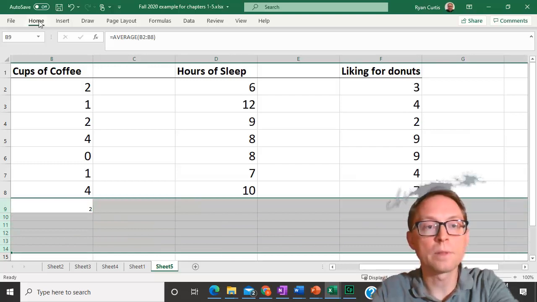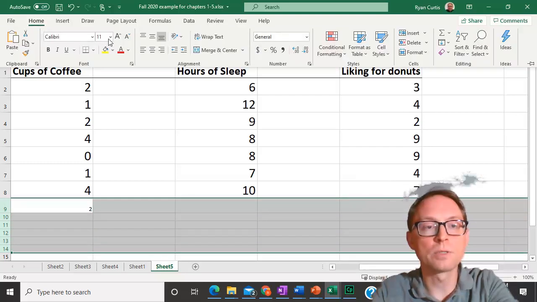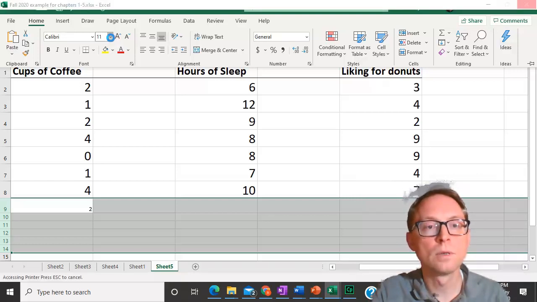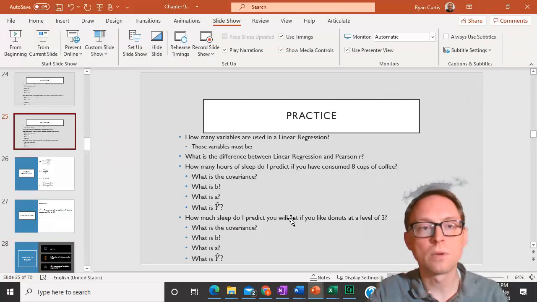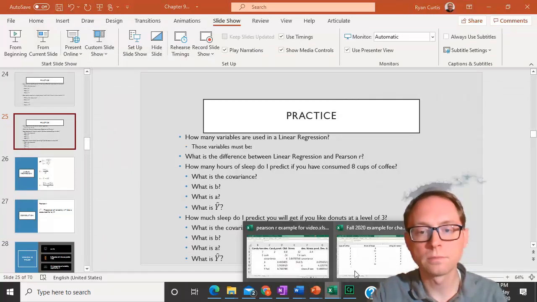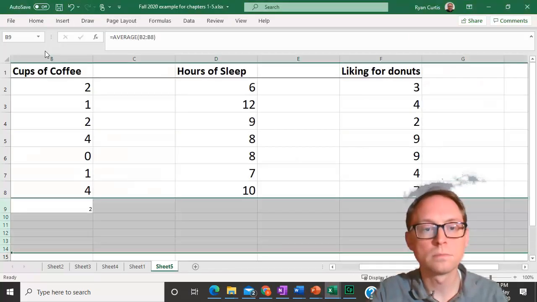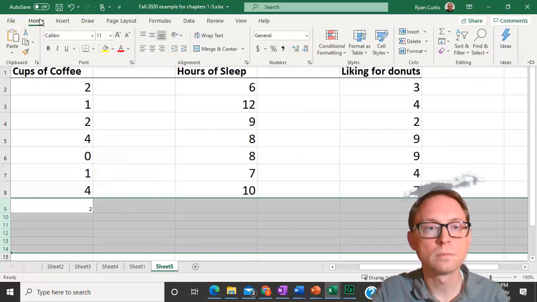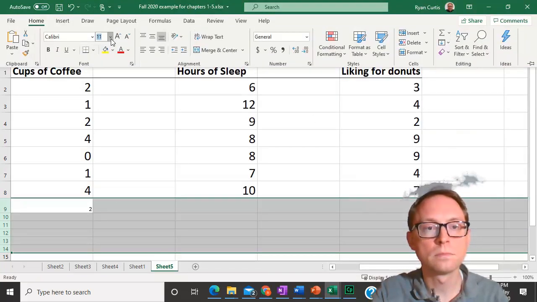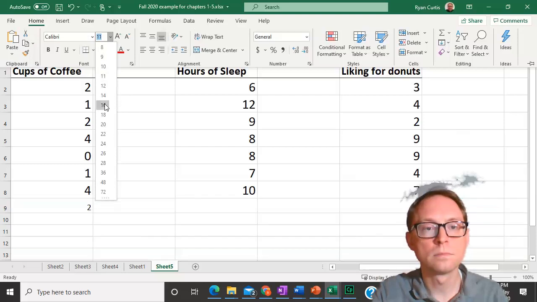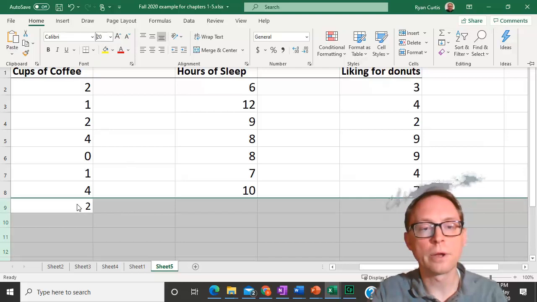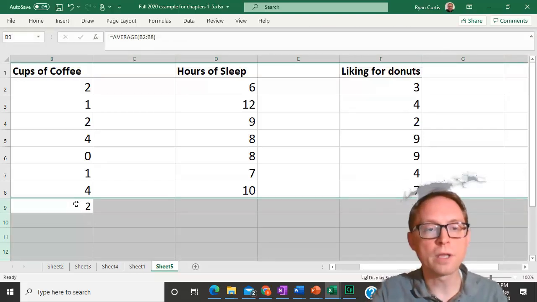Let me just make this font bigger so that we can all see what's happening. Excel wants to not work. Come back, Excel. There we go. So the mean number of cups of coffee is 2.